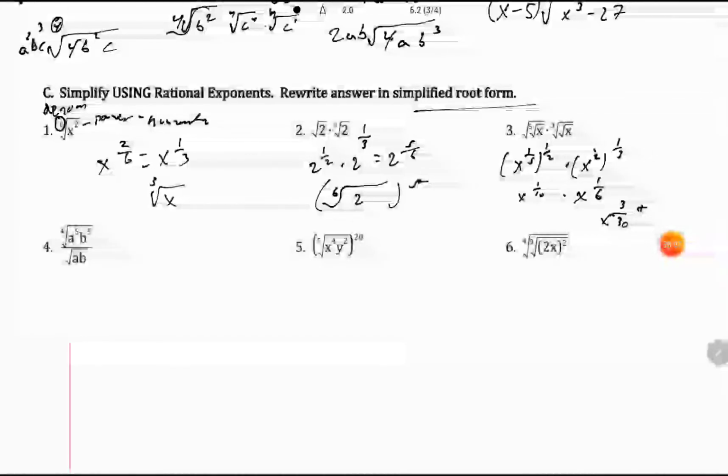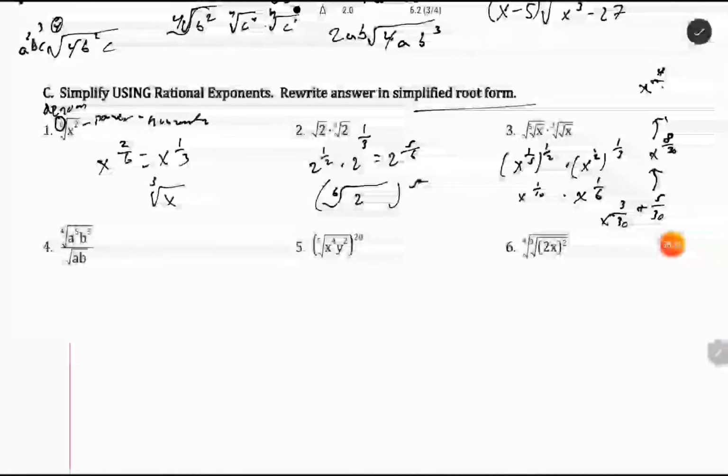So plus 5 over 30, which is 8 over 30, which reduces down to 4 over 15. Normally I go left to right, but for some reason I'm going backwards.